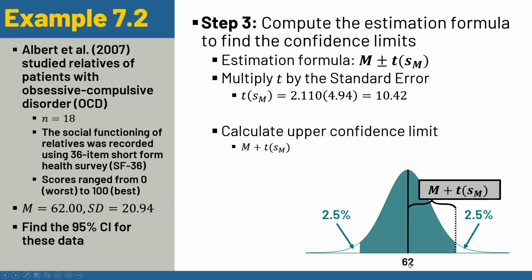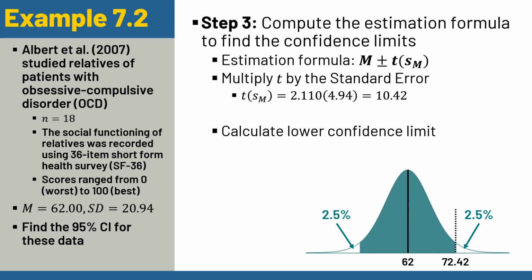Right, and so again, if this is our sampling distribution, 62 right here is our point estimate. Let's calculate the upper confidence limit, our mean plus this value. 62 plus 10.42 is 72.42. And then we'll calculate the other side, the lower confidence limit. What is our mean minus 10.42?